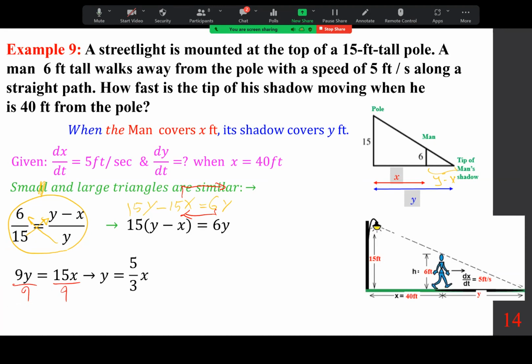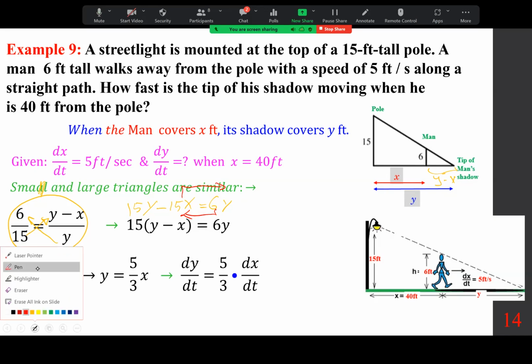Now we are ready to differentiate. We are going to differentiate with respect to time. So the left side is dy dt equals 5/3 times dx dt.